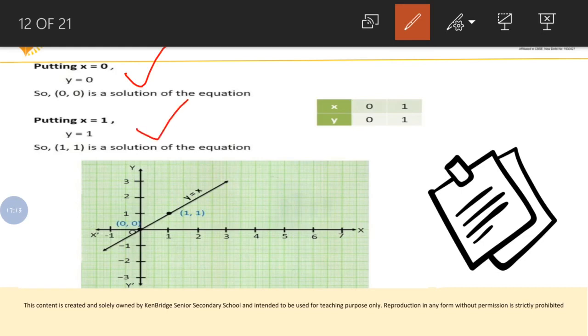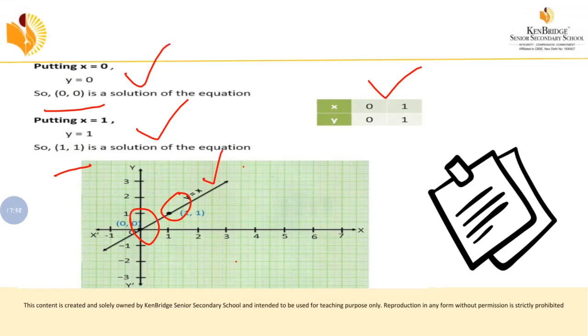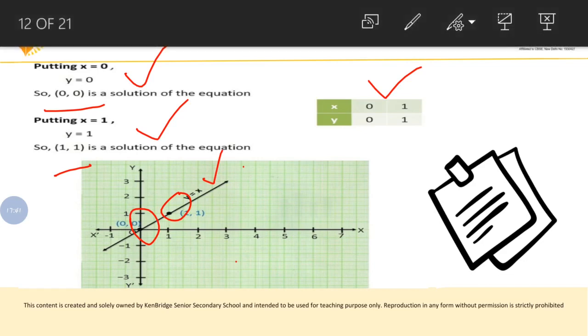So we got (0, 0) as a solution and (1, 1) as a solution. You have to write that in a tabular column, then plot it on a graph. So we plotted (1, 1) and (0, 0) on the graph. Then we joined those two points using a straight line and gave the name y is equal to x to the straight line. So this is the way you have to solve a question based on this. Okay, so let's move on to the next question.